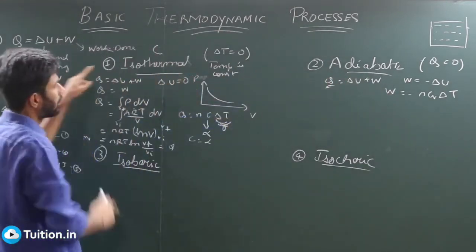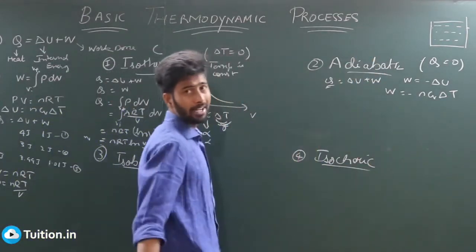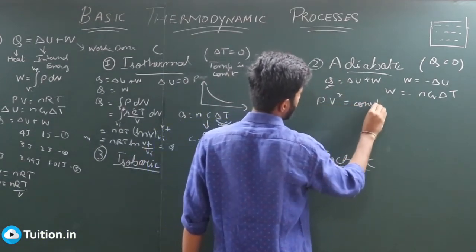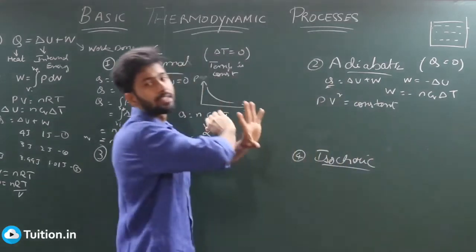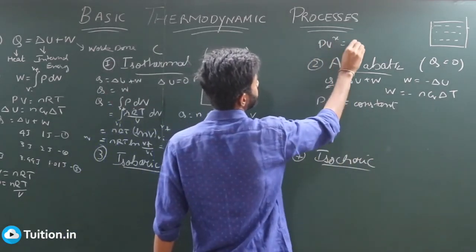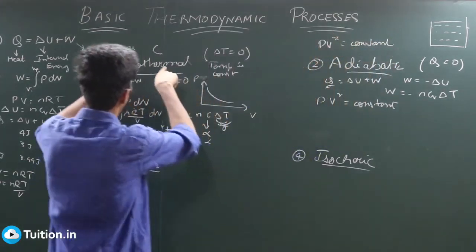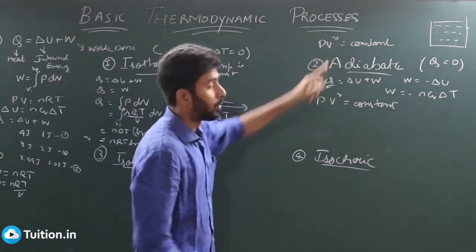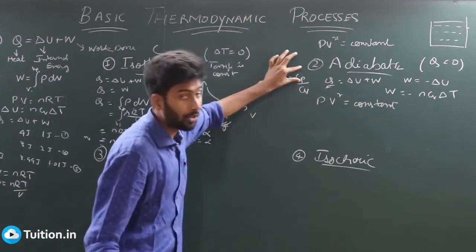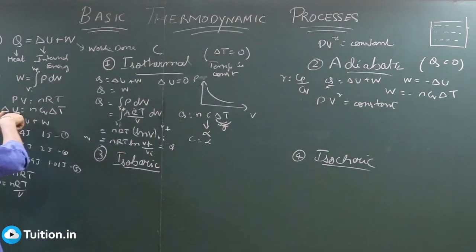Whether you use this formula or that formula, the result is the same. In fact, I can represent the adiabatic process as PV^γ = constant. In fact, every thermodynamic process can be represented by the equation PV^x = constant. If your x is 1, then that becomes isothermal. If your x is γ, where γ is nothing but Cp by Cv, Cp is the heat capacity at constant pressure, Cv is the heat capacity at constant volume, which we have been using in the formula for ΔU.